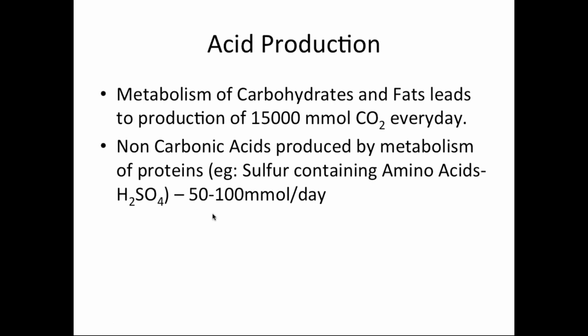This acid load is about 50 to 100 millimoles on a normal Western diet. So to maintain acid-base homeostasis, the body needs to get rid of the 15,000 millimoles of CO2 and be able to excrete the 50 to 100 millimoles of daily acid that has been taken in.